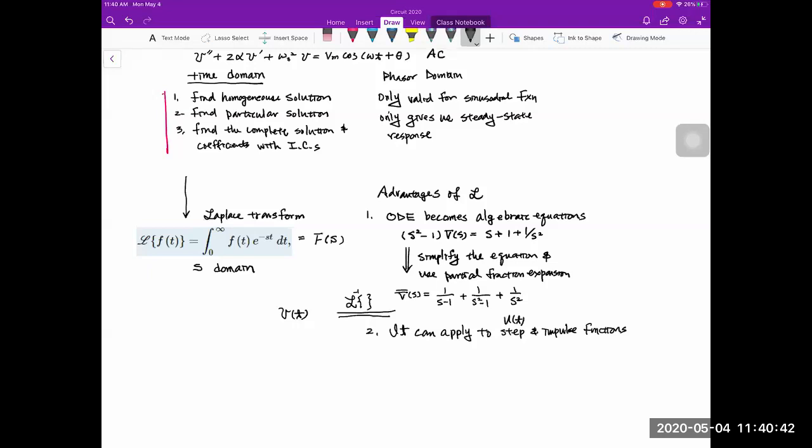If you have a u sub t, unless the function is sinusoidal, otherwise you cannot use phasor. If it's a rectangular impulse, the pulse train, you cannot simply use the phasor to solve it.